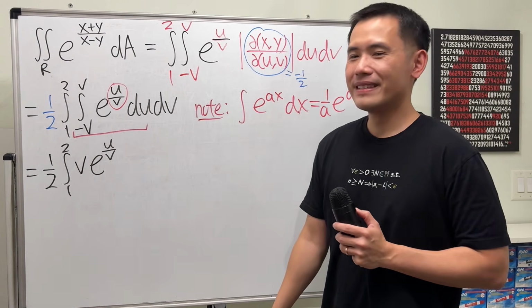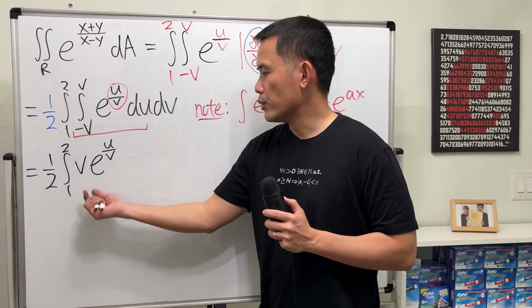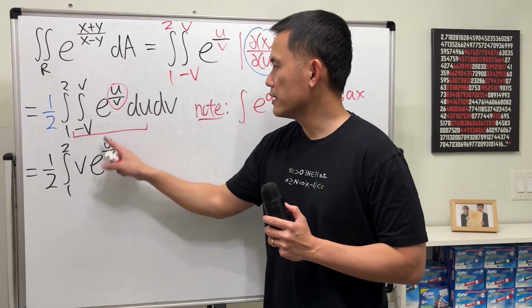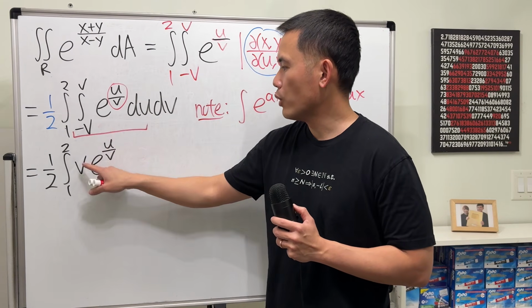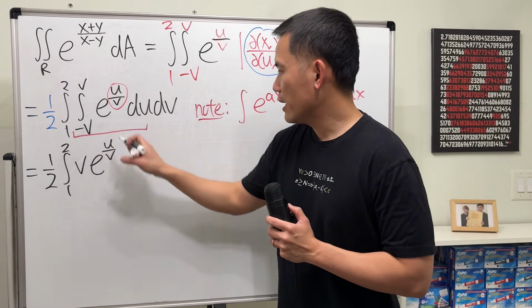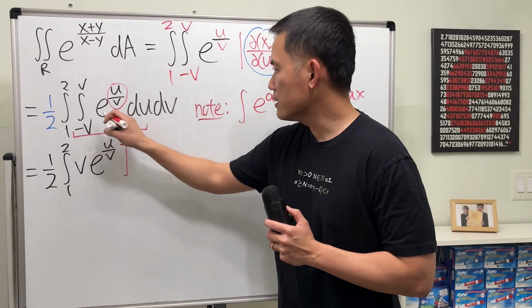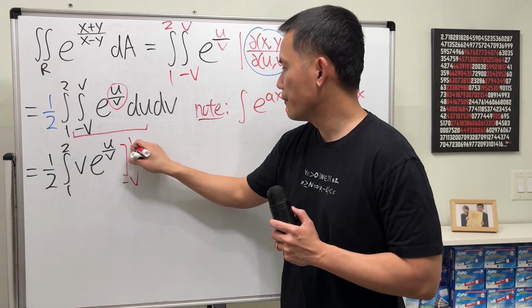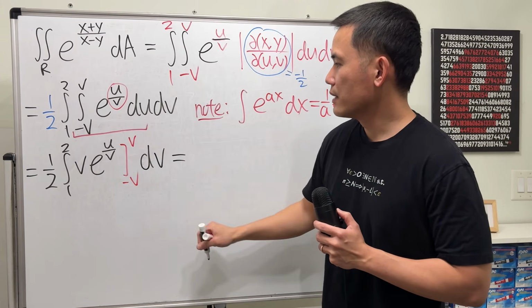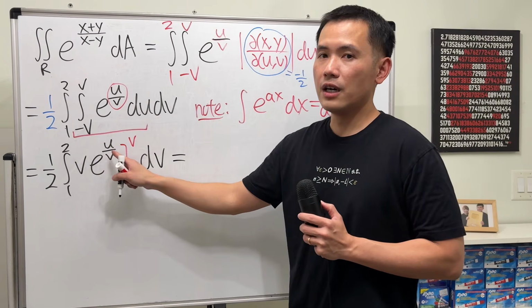Okay? Or you can just differentiate this real quick. Differentiate this with respect to u real quick. This right here stays, but you have to multiply by 1 over v, which will cancel with this v, and you get that back. Okay, and then we have to go from negative v to v. Okay, and then let's see what do we have. Remember, this right here is in terms of u.